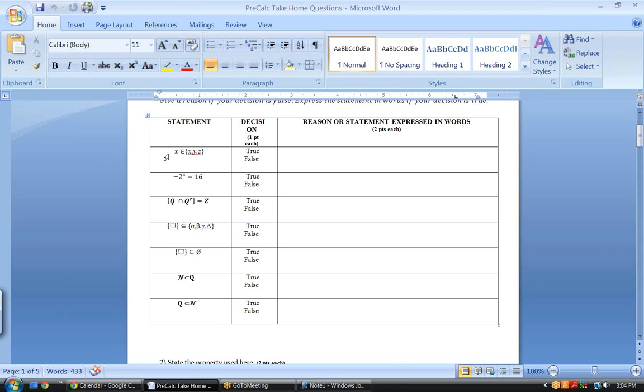So I'm not super up on set theory, and I'm not going to be able to help you with any of these last 5. But I believe this is true. In other words, what this is saying is that X is a member of this set, X, Y, Z. And yes, it is. Right. I think that's what that means.